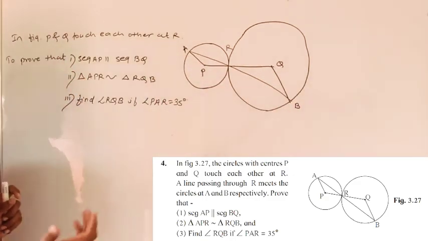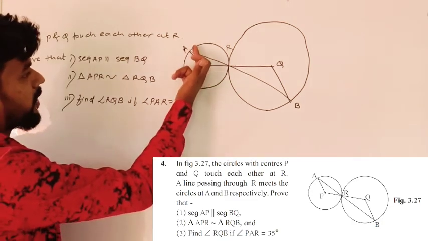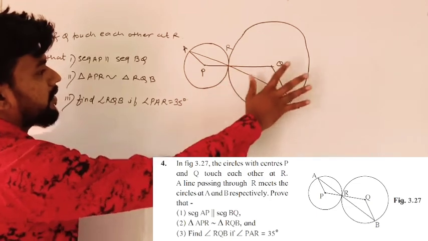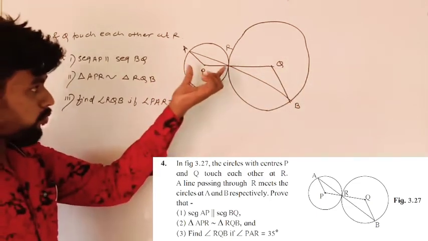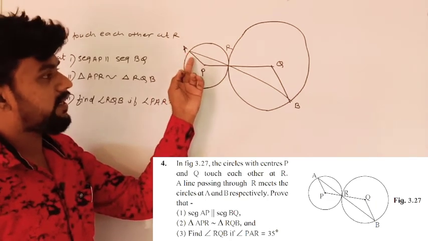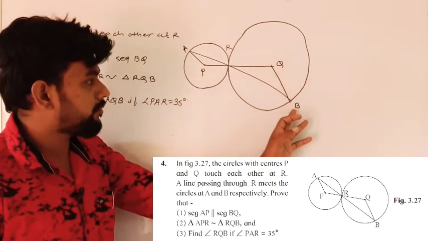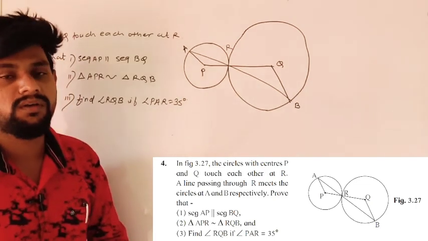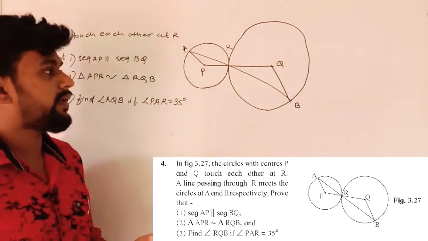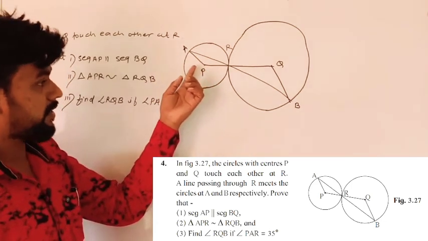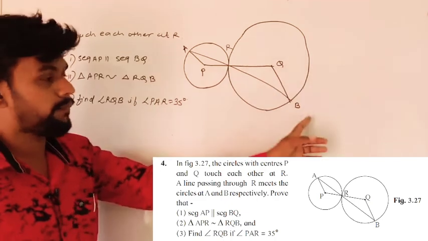If we succeed in finding any two of angle A, angle B, angle P and angle Q, then we can say by the parallel line properties that AP is parallel to BQ.